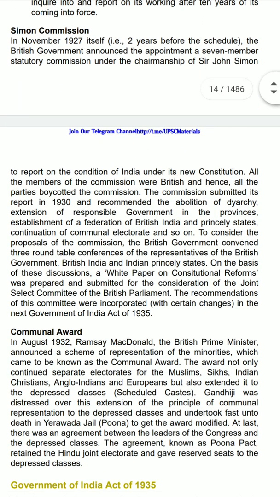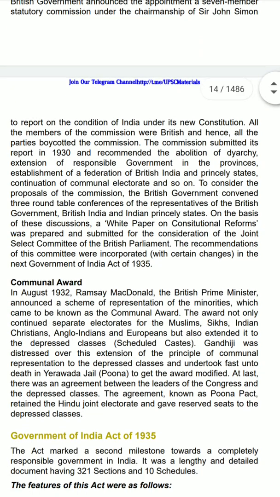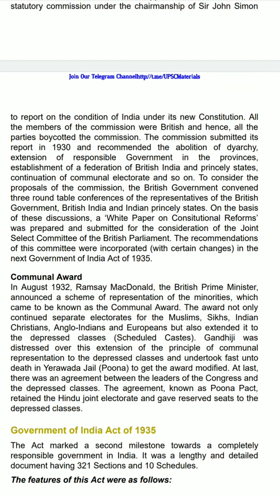All the members of the commission were British and hence all the parties boycotted the commission. The commission submitted its report in 1930 and recommended the abolition of diarchy, extension of the responsible government in the provinces, establishment of a federation of British India and princely states, continuation of communal electorates, and so on.